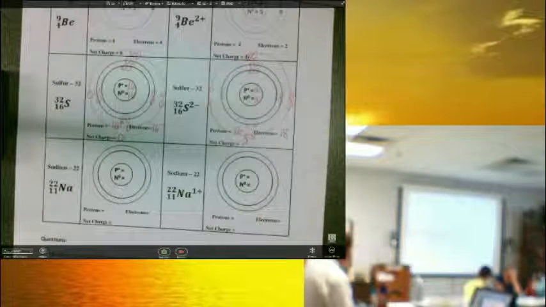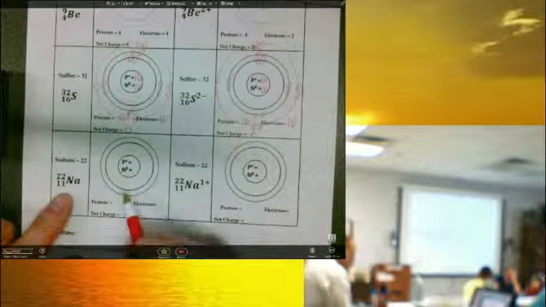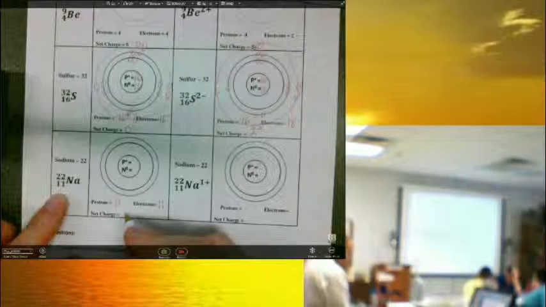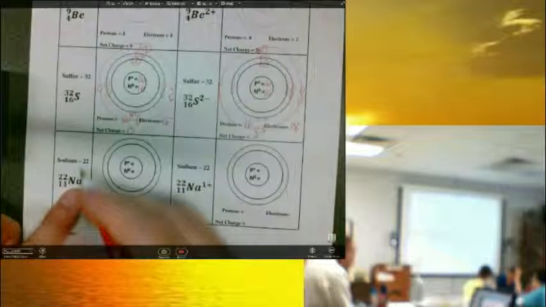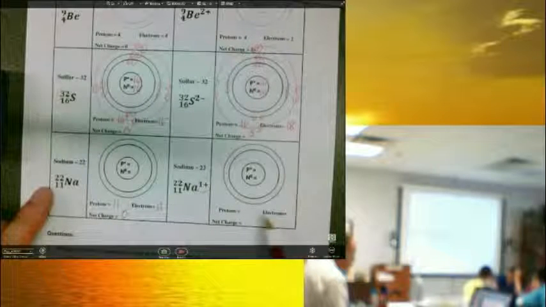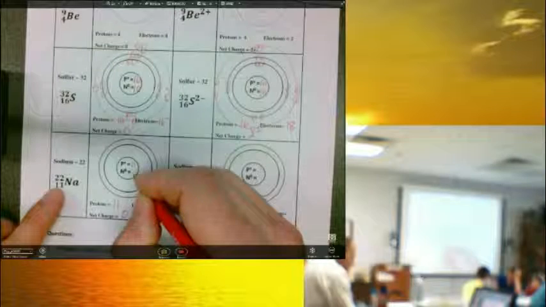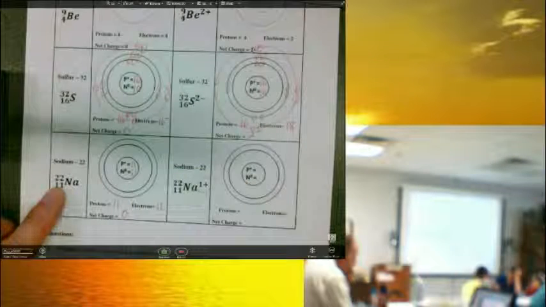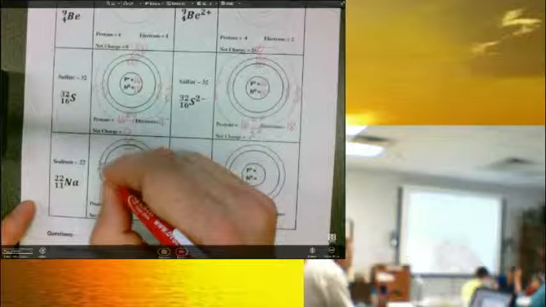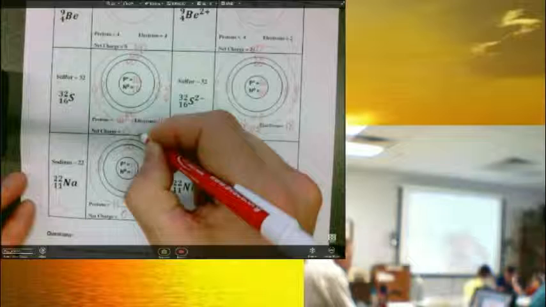Okay. Neutral sodium, it has 11, so it's going to have 11 electrons. And that charge will be 0, because there is nothing here. Here, there's a charge, so this is going to change it. So we have 11, it's 22, so 11. 2, 8, and we need another shell for 1.